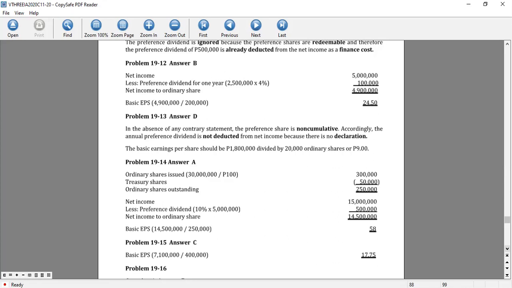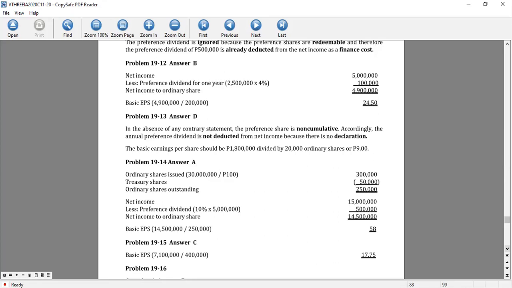Now, if we have to determine the number of shares in number 15, how many shares are considered to be outstanding? Initially, it was 200,000 shares, and we have a 100% share dividend declared on the ordinary shares.